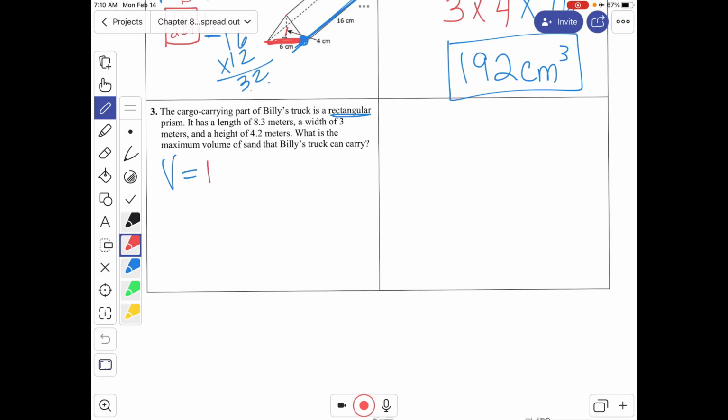The volume formula is area of the base times the height. And since this is a rectangle, the formula I'm going to plug in is base times height, then times the height of the prism. So basically, I'm just multiplying all 3 numbers. I'm looking for all 3 numbers in the problem.